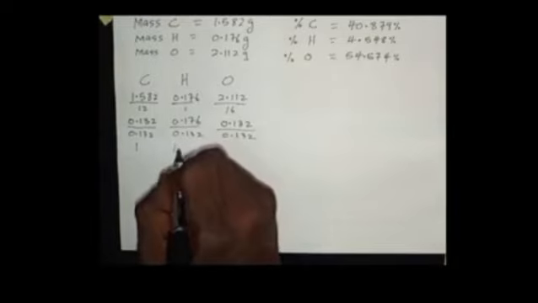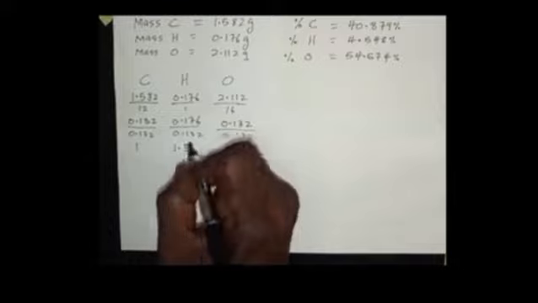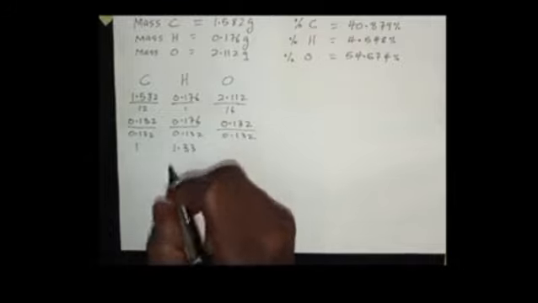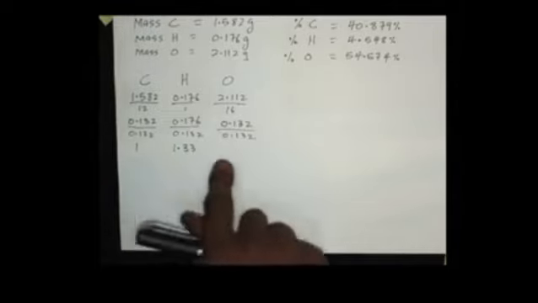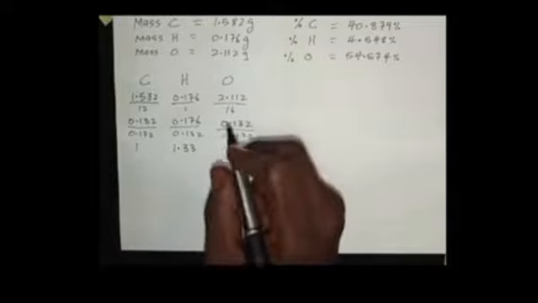At this point, you have to be very careful because of those special decimals I told you about. So 0.176 divided by 0.132. What have you noticed here? I am having 1.33. Remember, we talked about a 0.33 decimal appearing at this point. So we have a 0.33 there, and the others give me 1.